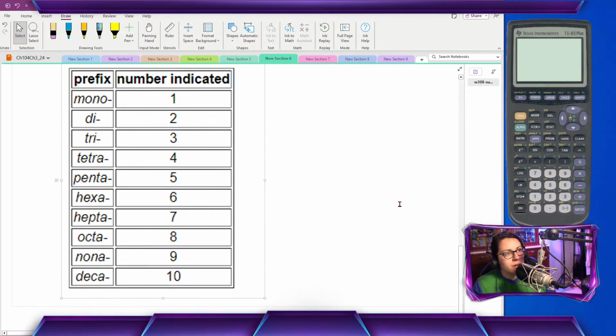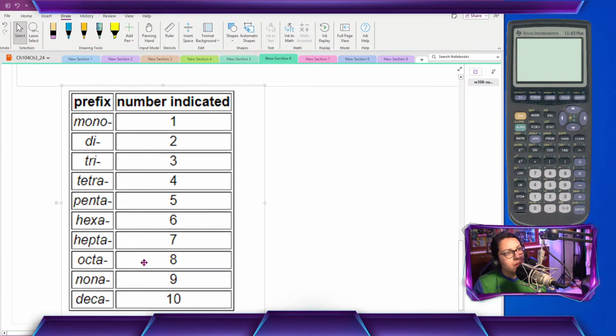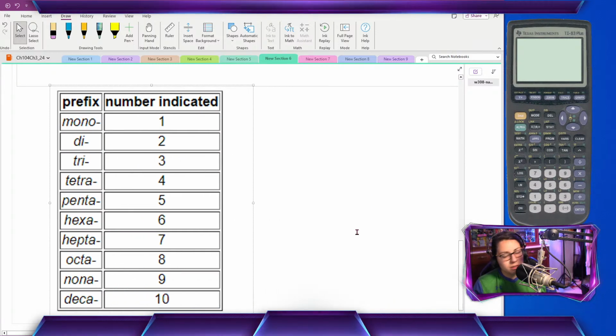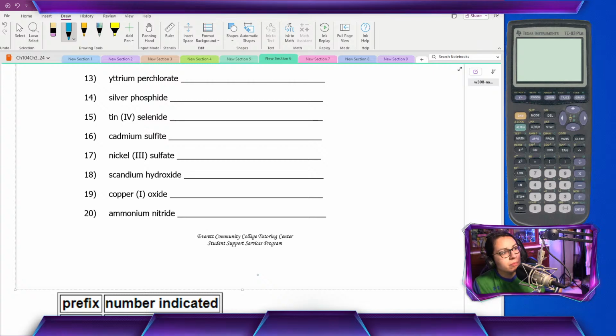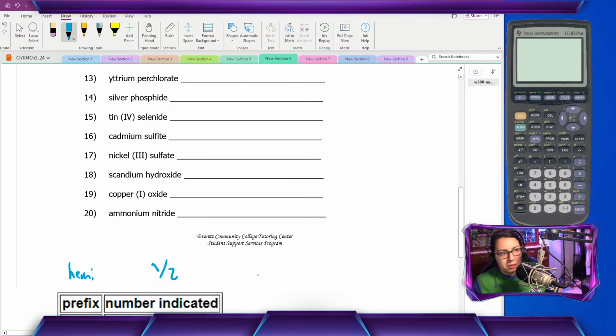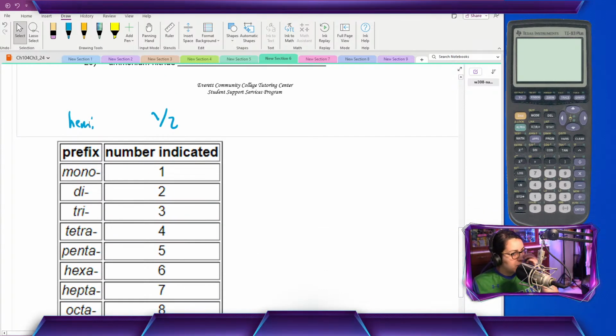So this would be for hydrates. The only one that is not on this list is hemi. So you can have a hemihydrate where you actually have half an equivalent. And so I'll add that. So hemi would be half an equivalent of water.